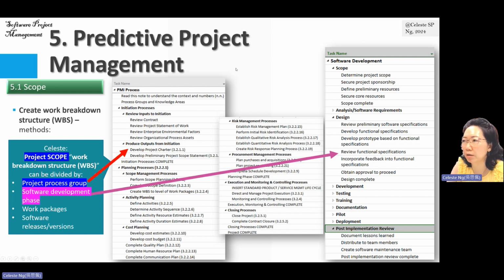For example, the system analysis phase, system design phase, system development phase, system testing phase, okay? It could be user training phase, documentation, pilot, deployment, and post-implementation review phase, right? Okay, this would be an example of how we can break down our project scope.